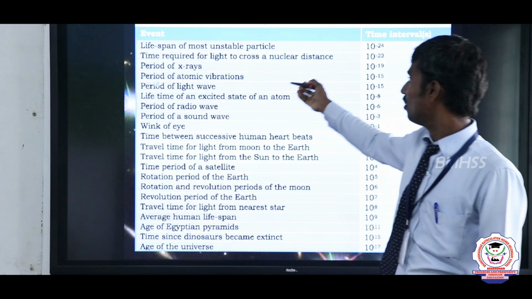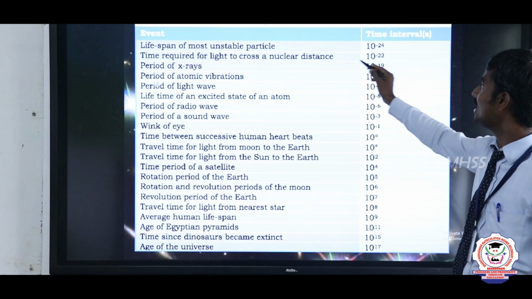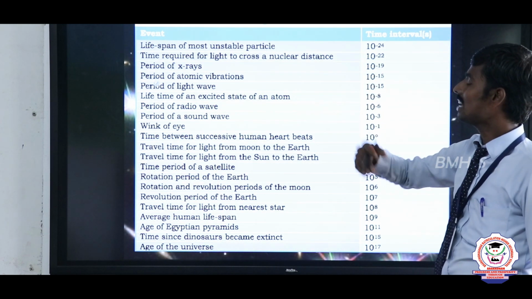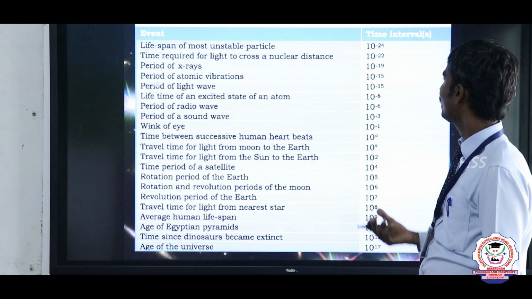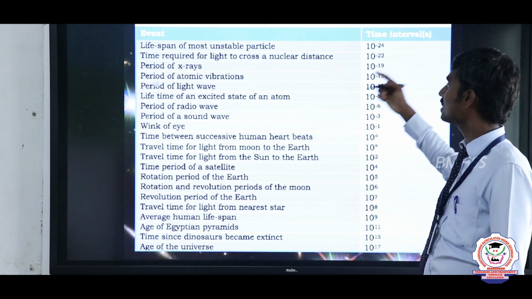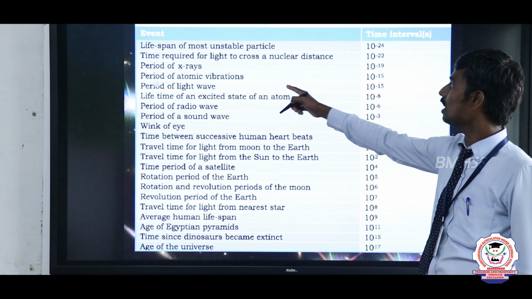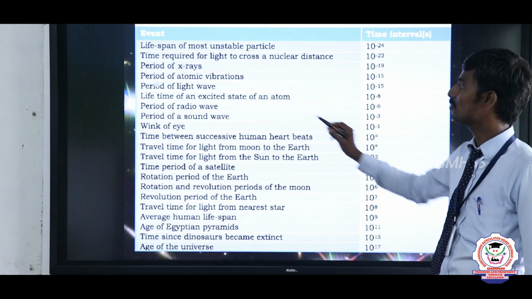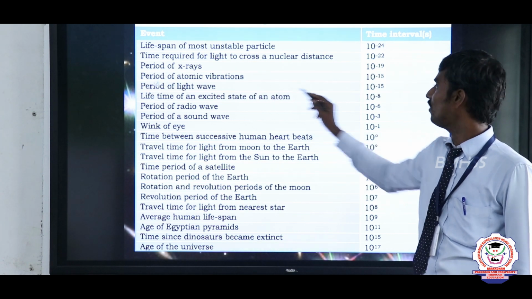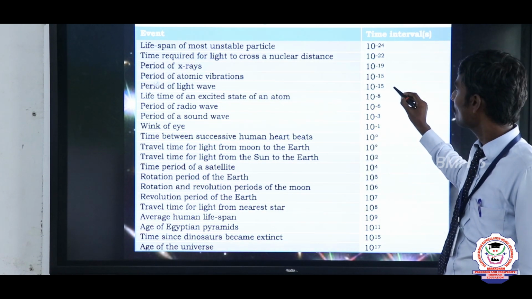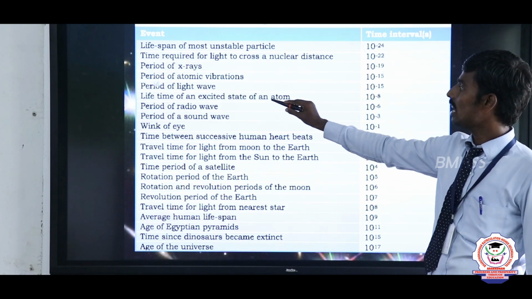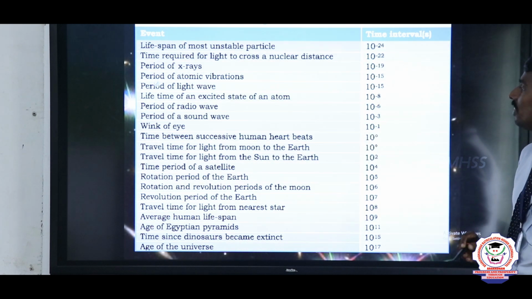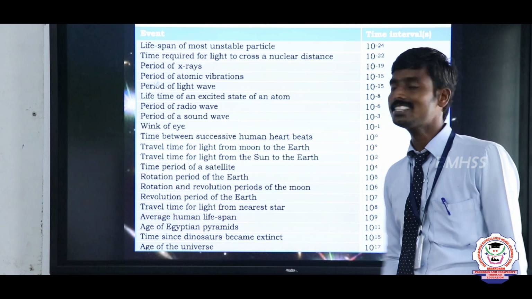Time required for light to cross a nuclear distance 10^-22 seconds. Period of X-ray 10^-19 seconds. Period of atomic vibration 10^-15 seconds. Period of light wave 10^-15 seconds. Lifetime of an excited state of an atom 10^-8 seconds. Period of radio waves 10^-6 seconds.